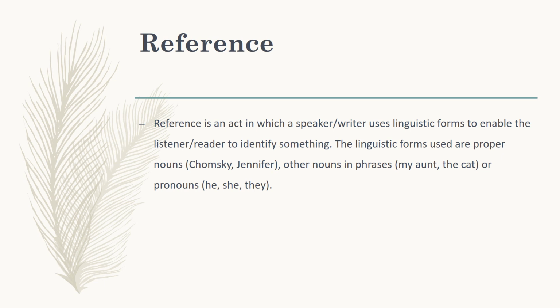So Chomsky and Jennifer, for me, they are known. For the hearer, they are also known, right? معروفين. However, we can also refer to things or people whom we are not sure what to call them. يعني لازم أمك قالت لك جيب هذا اللي موجود مثلا بفلان مكان. هو شنو هذا? You don't know, right?